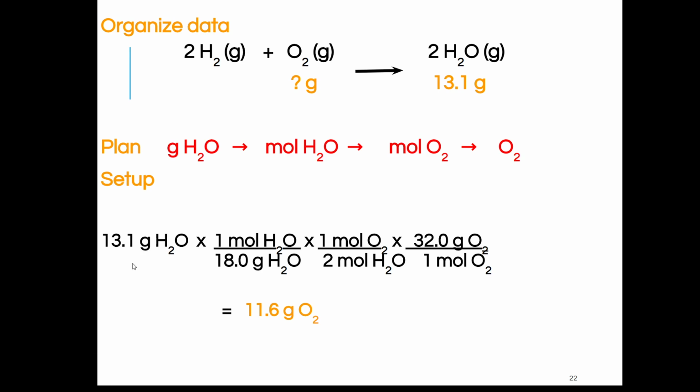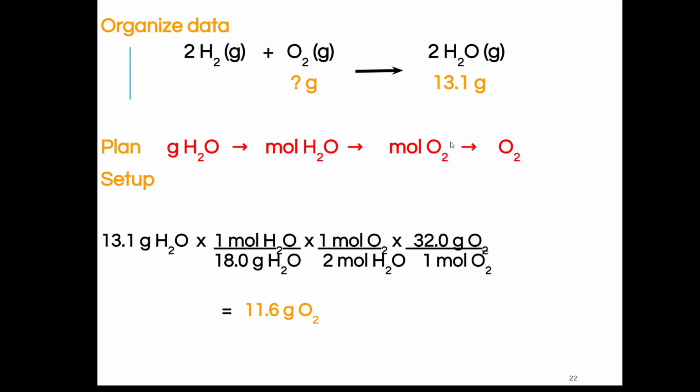It's in grams, and we need to get it to moles, so we're going to go grams over moles. Then we're going to convert from water, and we have 2 moles of water for every 1 mole of oxygen. So we're going to indicate that, and we're going to get rid of water. Okay, so water will be on the bottom, oxygen will be on top.